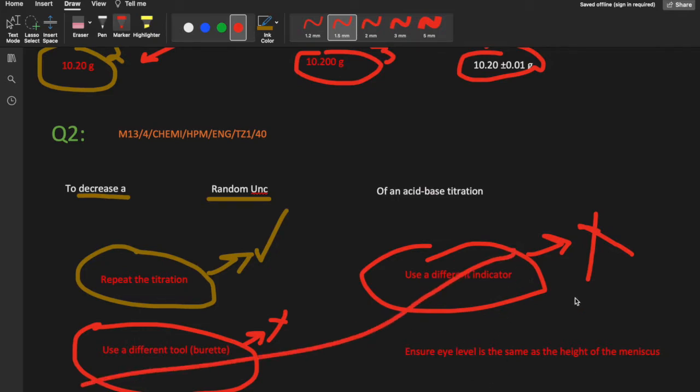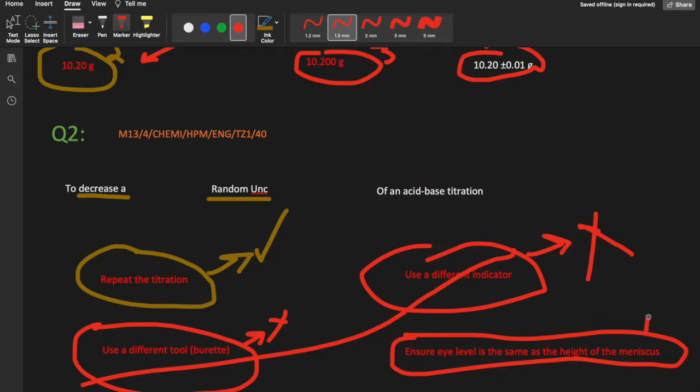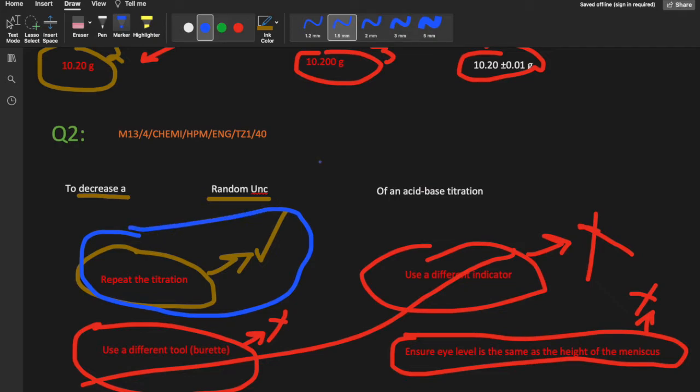And then ensuring that our eye level is the same as the height of the meniscus, this one may reduce the parallax error in the experiment, but it might not reduce the random uncertainty. That's why it's also incorrect. So at the end, our correct answer is repeating the titration to reduce the random uncertainty.